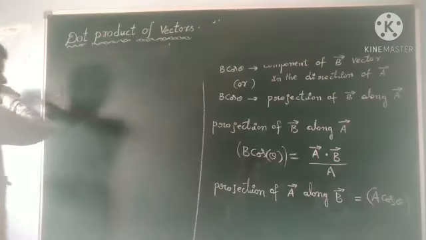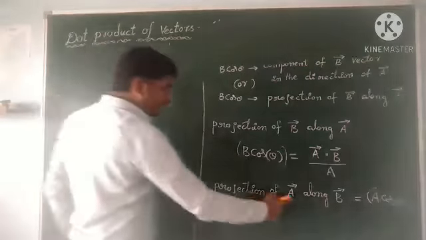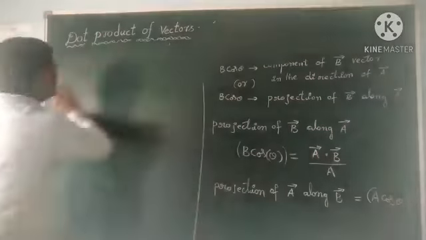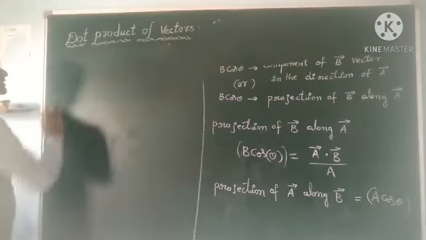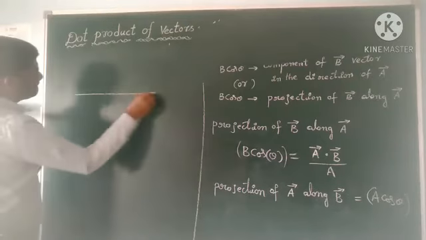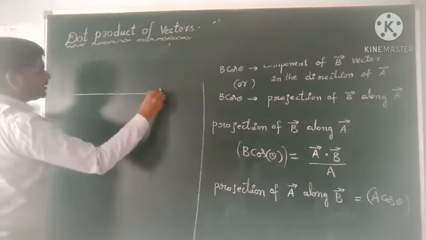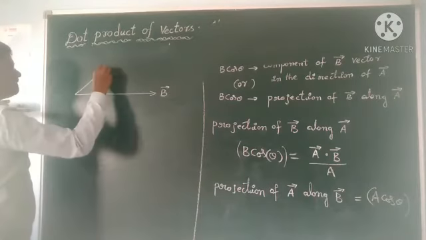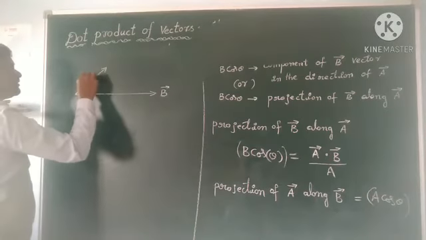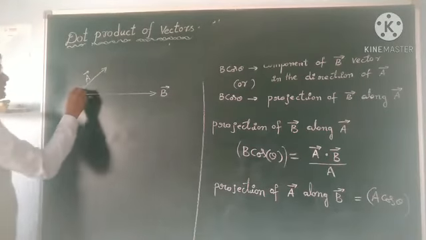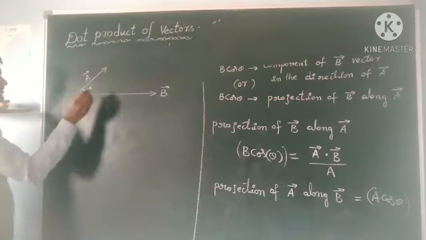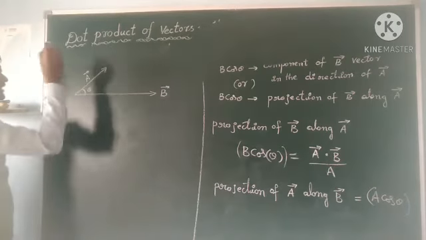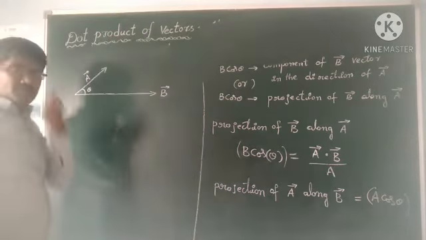So how will we get, you see, students, the projection of A bar along B bar? See, consider this is a B bar vector, and this is A bar vector. Let the angle between both the vectors be theta.